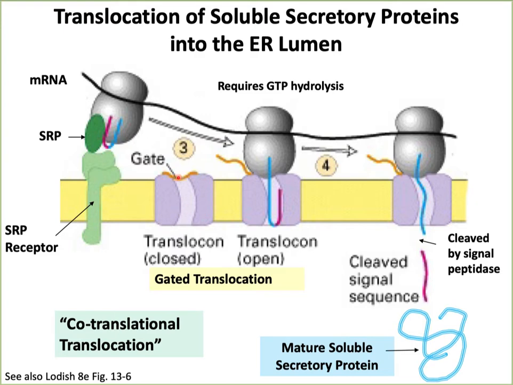Translocon is the word. So what happens is that this ribosome, which is translating the secretory protein, becomes dissociated from the SRP and its receptor and becomes associated with a translocon, and the translocon opens, the synthesis is reinitiated, and you get co-translational translocation of the secretory protein.